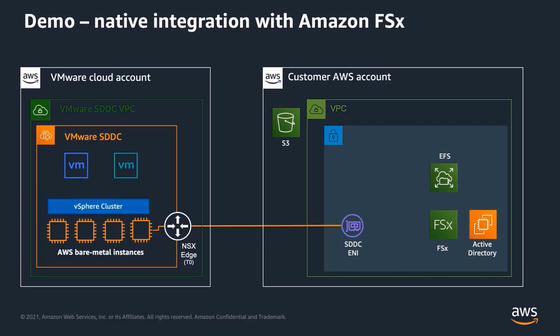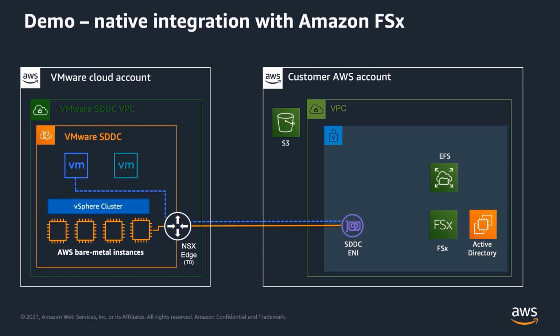There's also the option to do application modernization, where you can actually use AWS services to modernize your existing applications, which we'll go into in a later demonstration. For this demo, we'll look at the FSx for Windows connection into an existing VM within your SDDC.